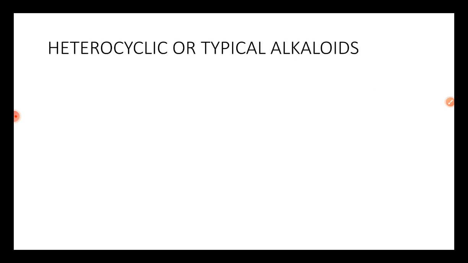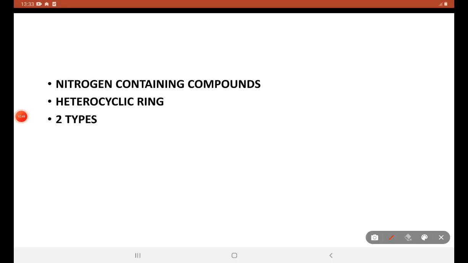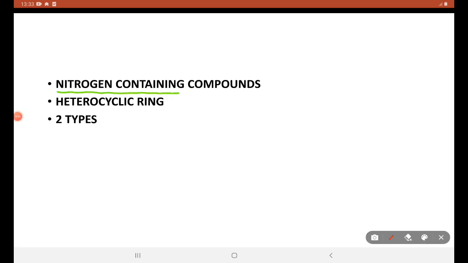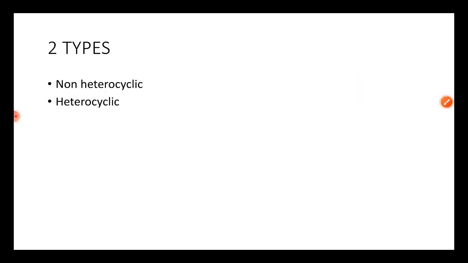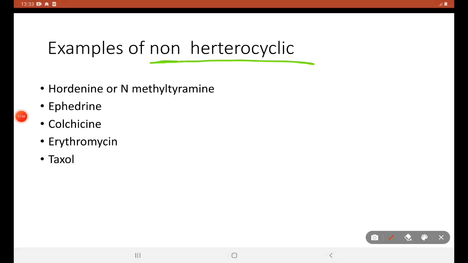Let us sum up this video on alkaloids. Alkaloids are nitrogen containing compounds. This is a previous year question. Then non-heterocyclic or atypical alkaloids: colchicine, erythromycin, Taxol. Very important for CSIR.